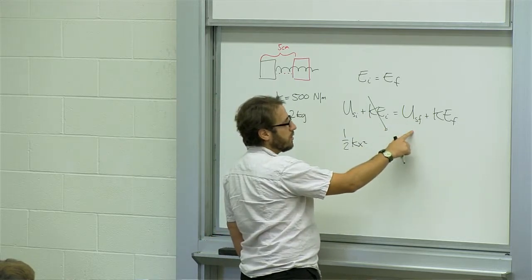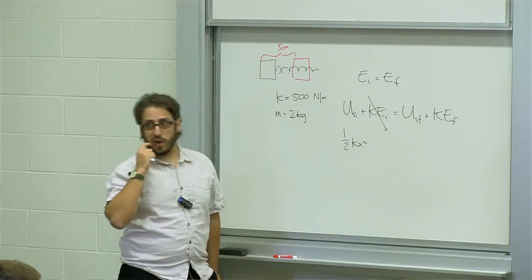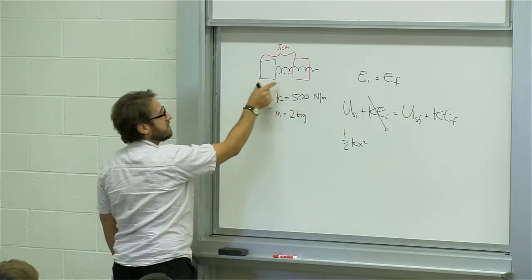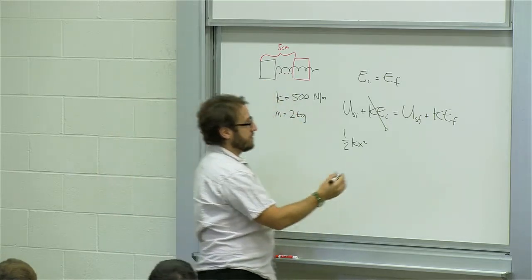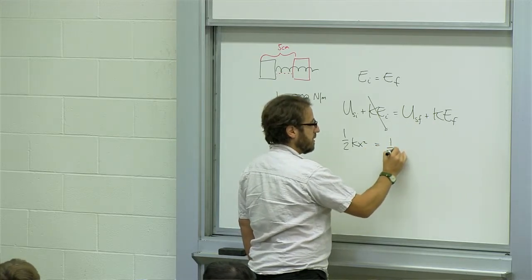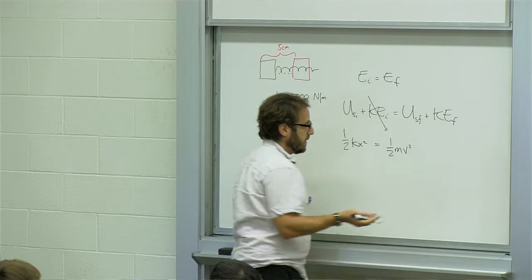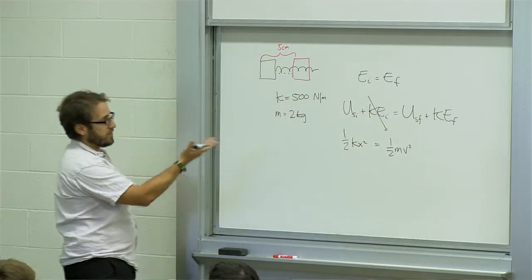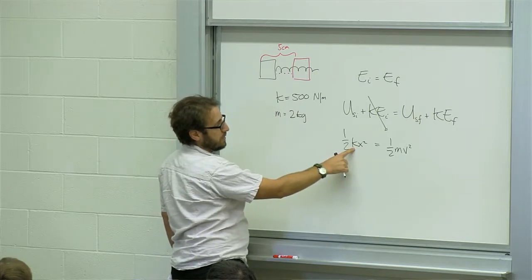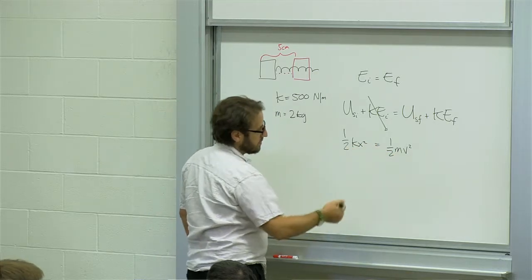That one's 0. What's the final potential energy of the spring? 0, because we're interested in the point when the spring is back at equilibrium, when x equals 0. So this one's 0, and this is 1/2 mv squared. And the question is asking us, what's the velocity? Well, they told us what the displacement was, they told us what k was, they told us what the mass was, so we can just solve for the velocity.